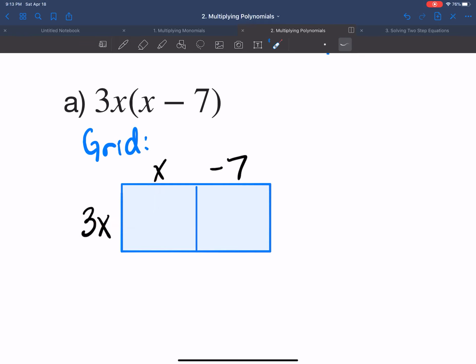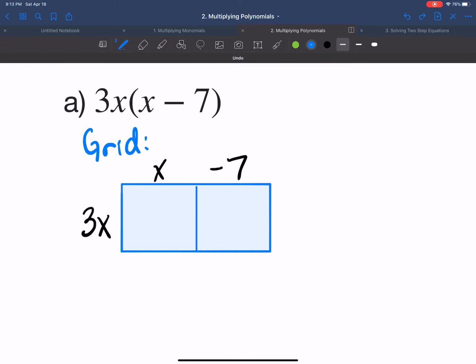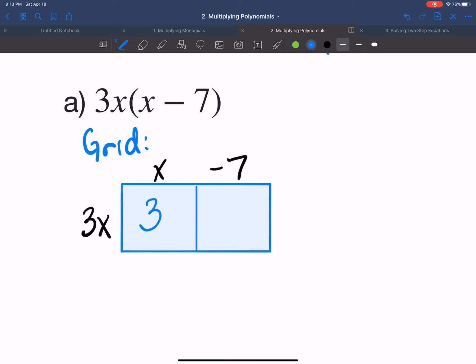Now when I multiply, I'm multiplying just like a multiplication table, right? This times this, so 3x times x. Number times number, letter times letter. The imaginary number in front of this is 1, so 3 times 1 is 3. x times x is x squared.